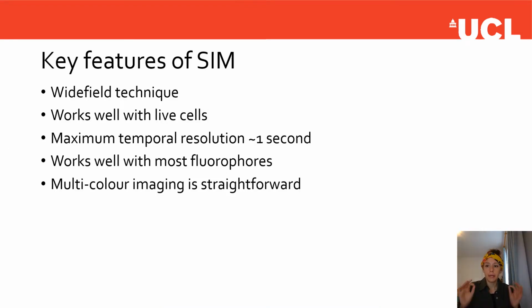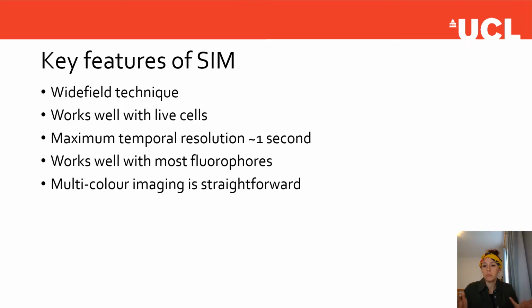So to recap, the key features of SIM are it's a wide field technique. It can work pretty well with live cells. That's because it doesn't really care what fluorescent molecule you use. You can use fluorescent proteins very readily with SIM, and the grid pattern doesn't take too long to rotate, so it doesn't take a huge amount of time to create this raw data for a SIM image, which means you've got quite good temporal resolution of about 1 second normally.